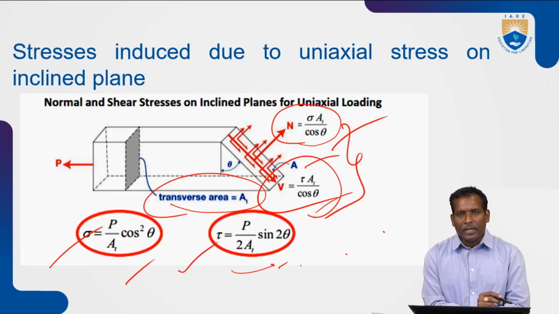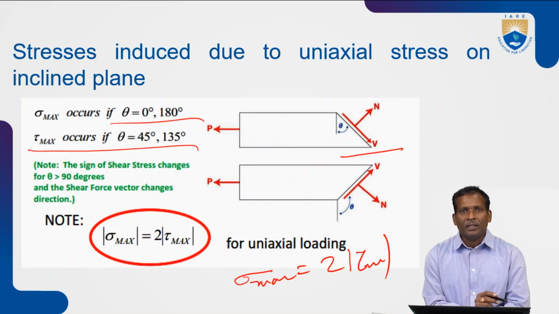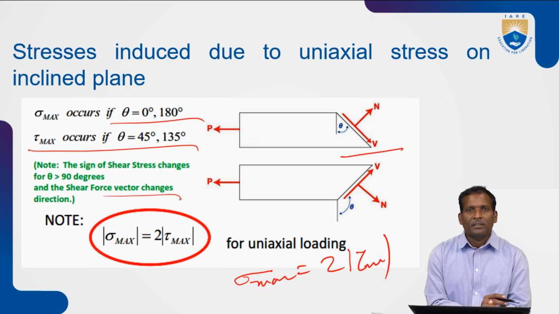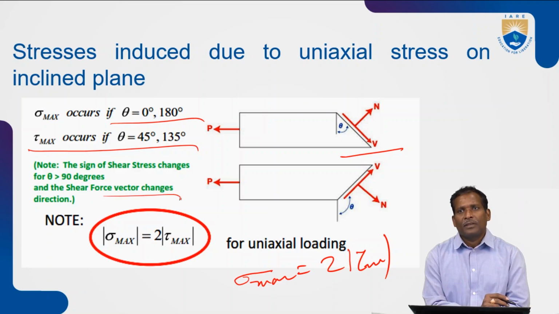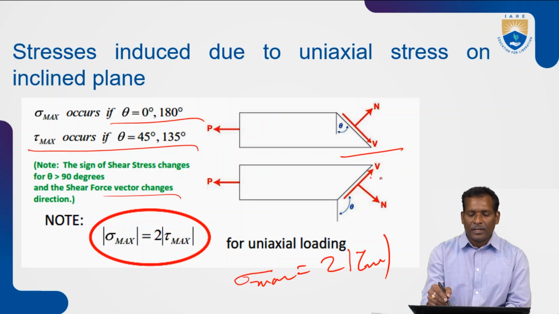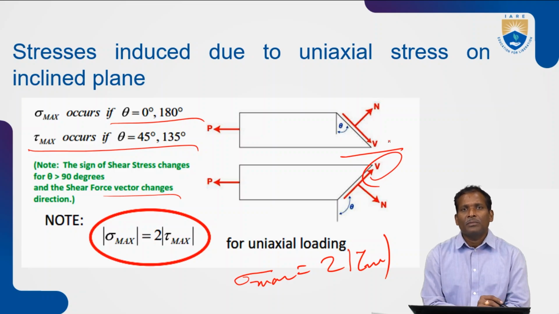Clear? The sign of shear stress changes for theta greater than 90 degrees, and the shear force vector changes direction. This shear force vector, shown in this diagram, changes its direction.